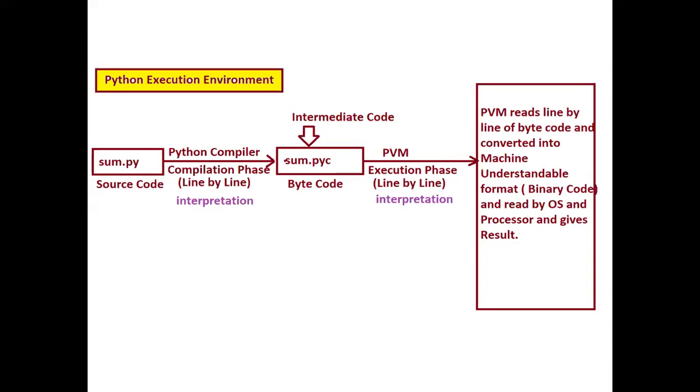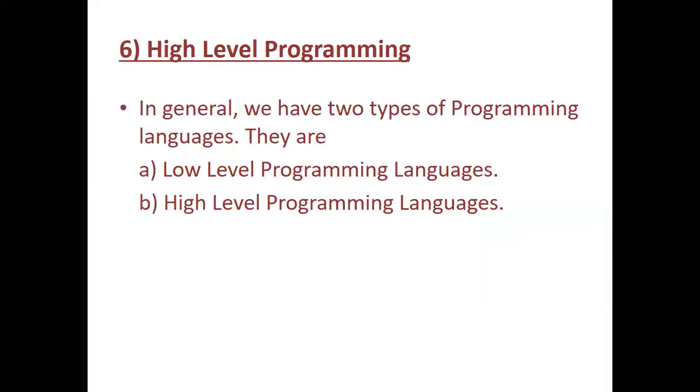After that, the PVM execution process takes place. It reads the bytecode line by line and converts it into the binary code, which is read by the OS and gives the result. Right? After that, we discussed the high-level programming language.